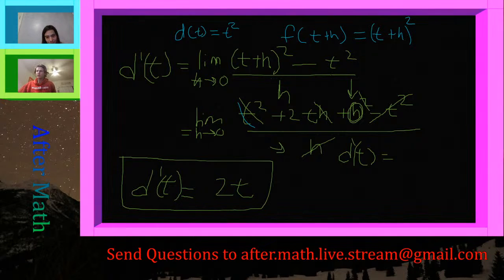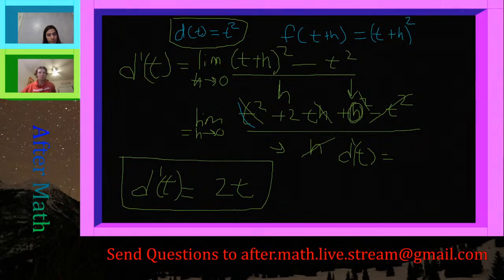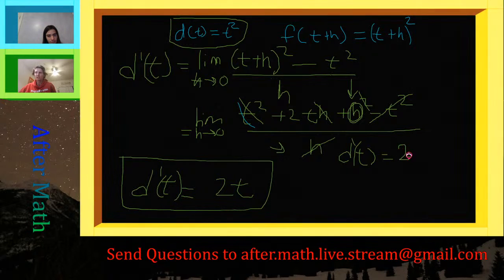Okay. So our first shortcut, just the power rule. If we have our original function as a polynomial t squared, the derivative is d prime of t. That's how you would say that. And you would bring the exponent out front, the current exponent out front, and then you would keep the variable and take that exponent and minus 1.